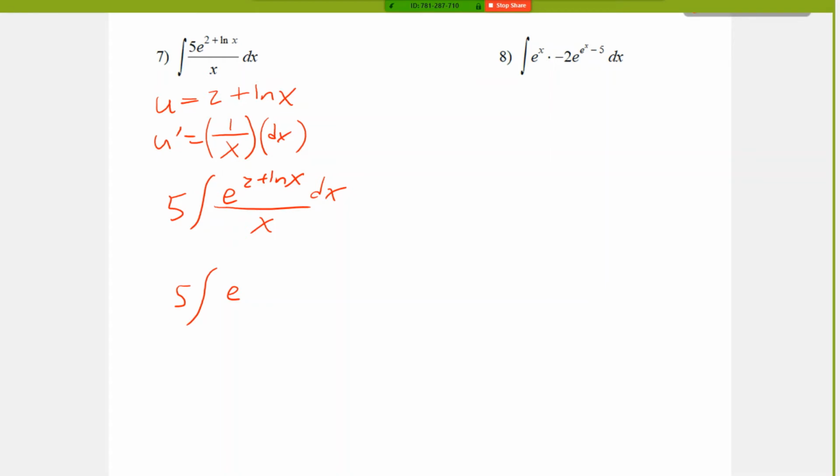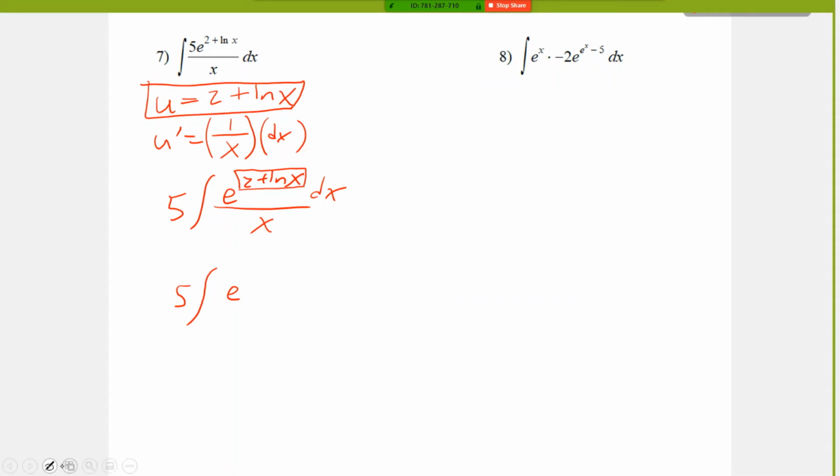So it would be 5 integral of e to the 2 plus ln x. Okay, this 2 plus ln x is u. So I can substitute. Anytime I see a 2 plus ln x, I'm going to change it to u.